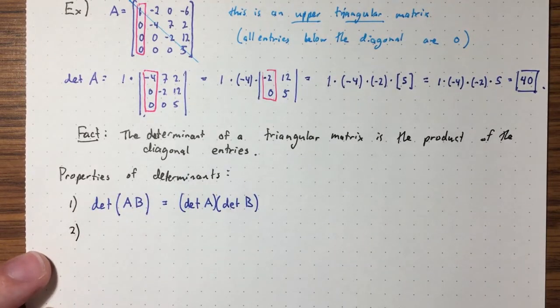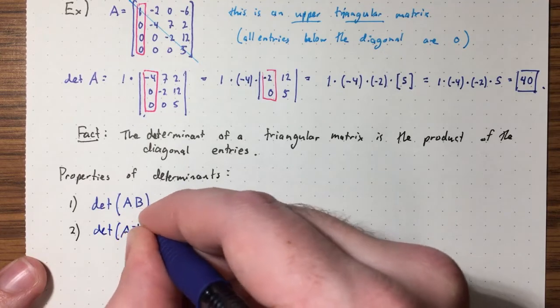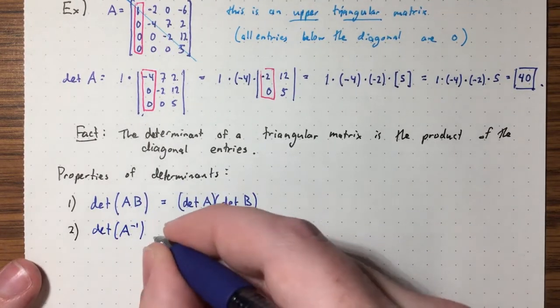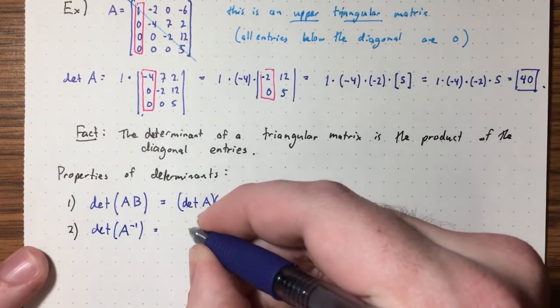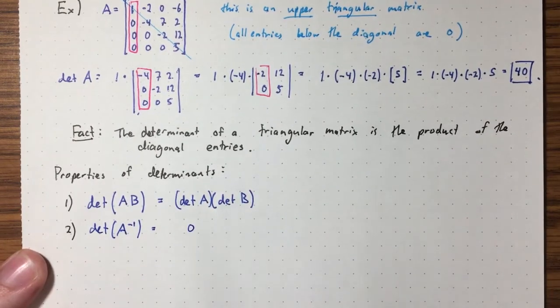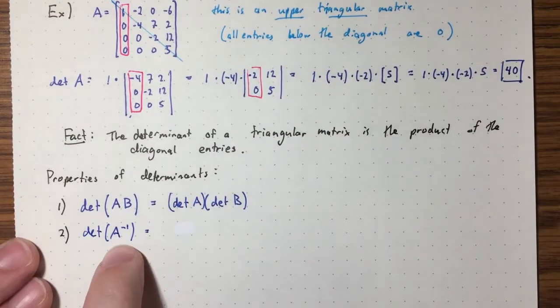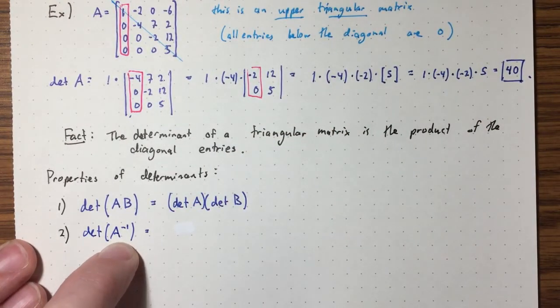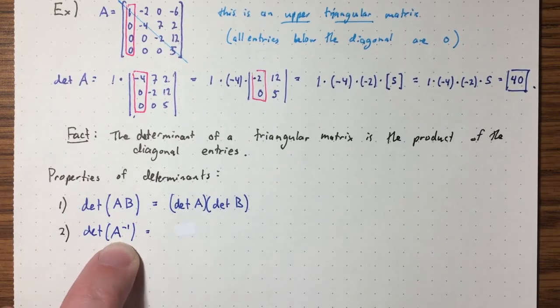How about the determinant of the inverse of A, assuming A is invertible? I'm assuming we can take A inverse to even write that down, right? This doesn't mean anything if I can't take A inverse. If A is not invertible, then our determinant is 0.